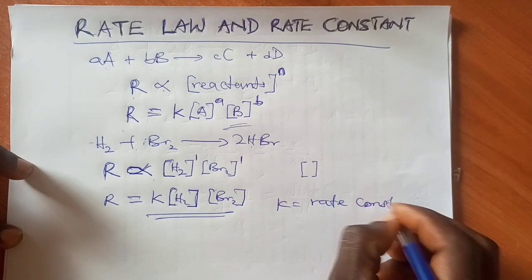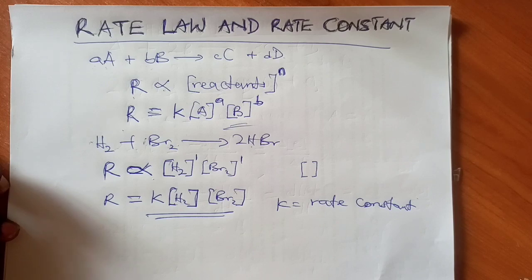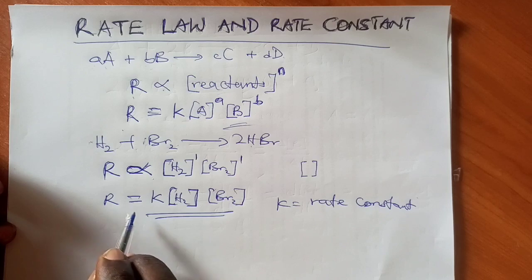The unit for the rate constant is not specific. It depends on what you have in your reactant, so you do the proper ratio and you will have the proper unit, the proper dimension.